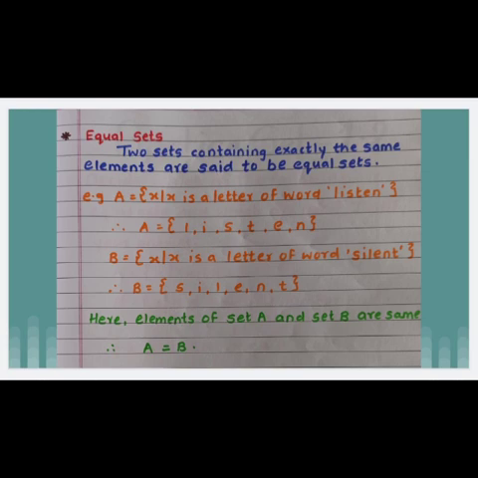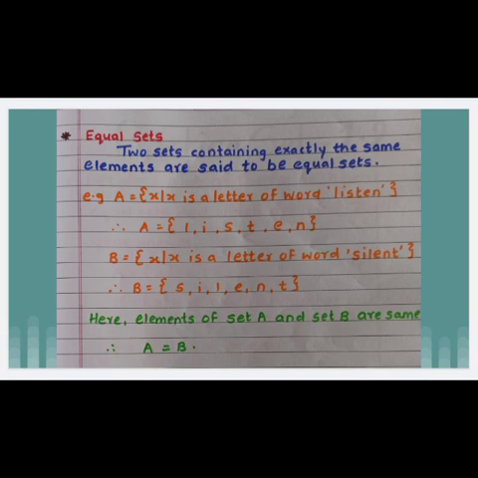Next type, equal sets. Two sets containing exactly the same elements are said to be equal sets. Example, here they have given two sets. Set A, in which x is an element, x is a letter of the word listen.